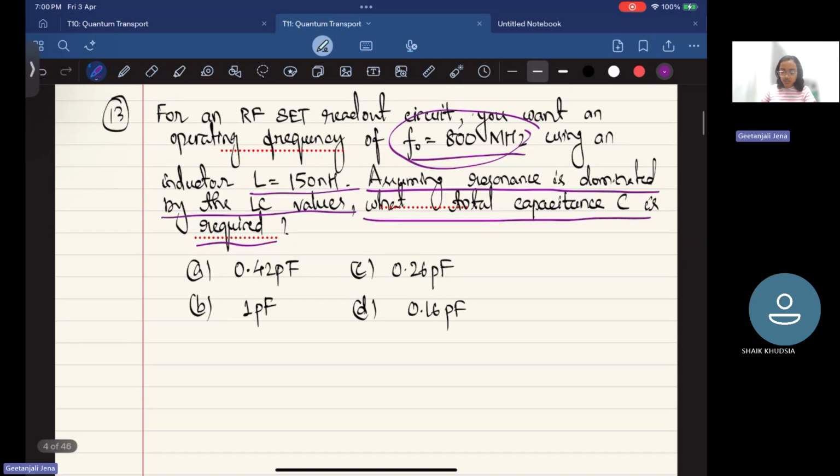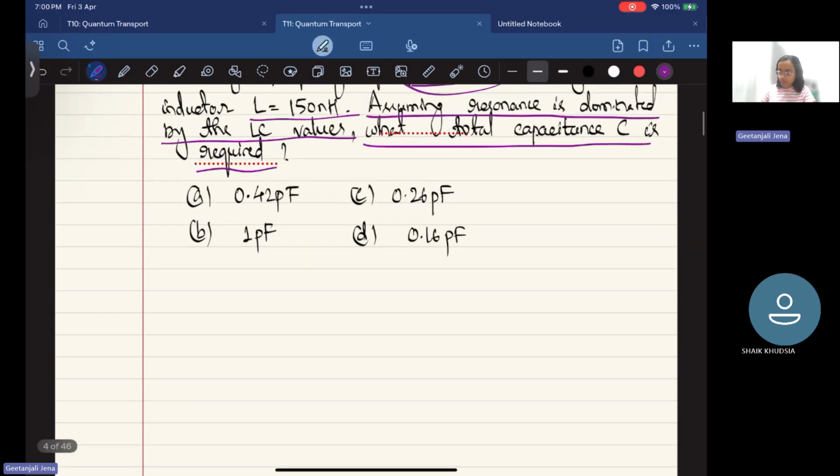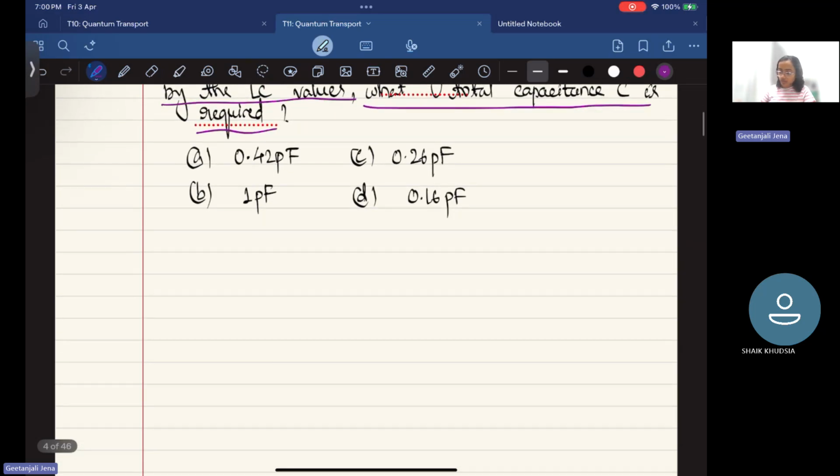Okay, let me solve it so that you can check the answer. I think you remember the formula from our previous questions.